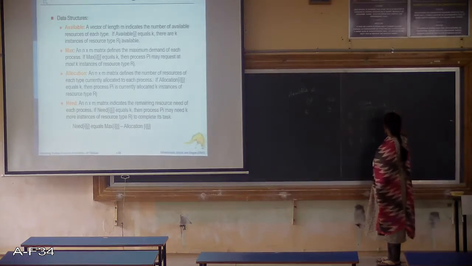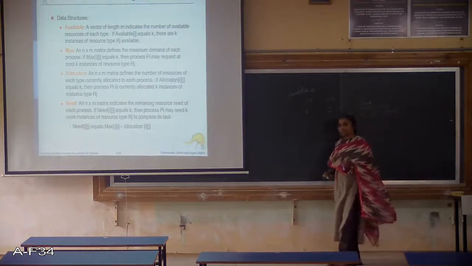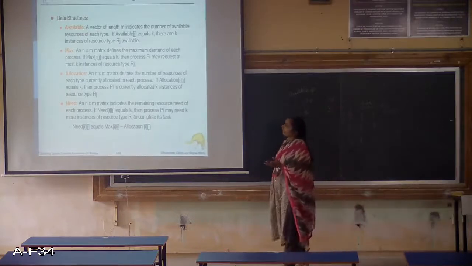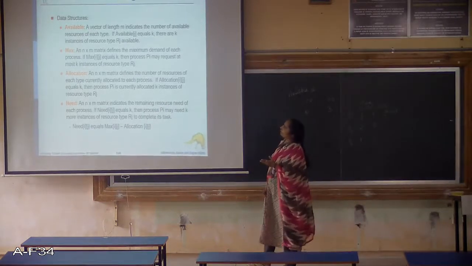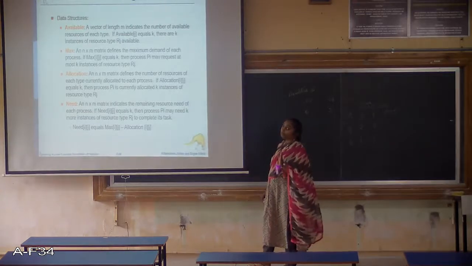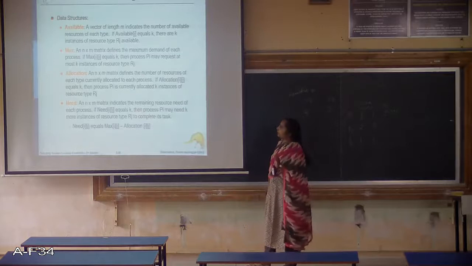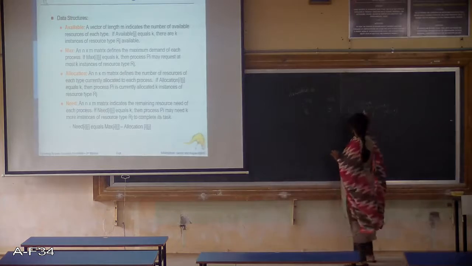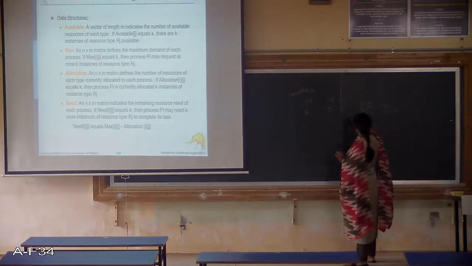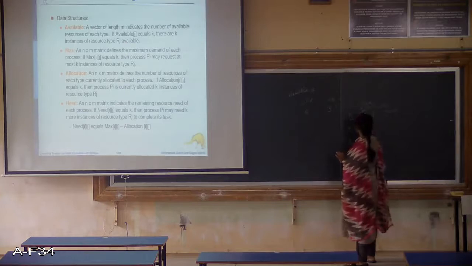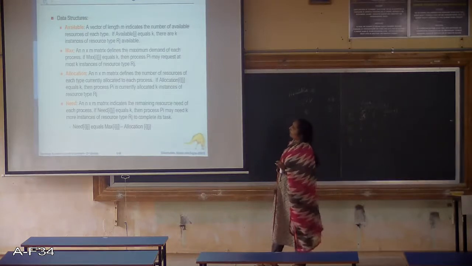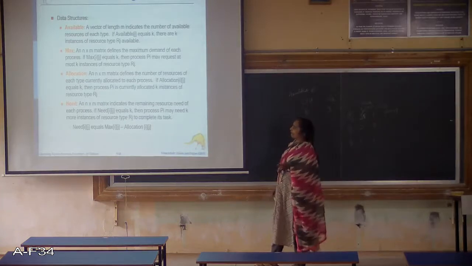So it is an n by m matrix where n and m indicate the number of processes and the number of resources available in the system. It defines the maximum demand of each process, how much it requires in total. If Max[i][j] equals k, it means that process Pi may request at most k instances of resource type Rj.